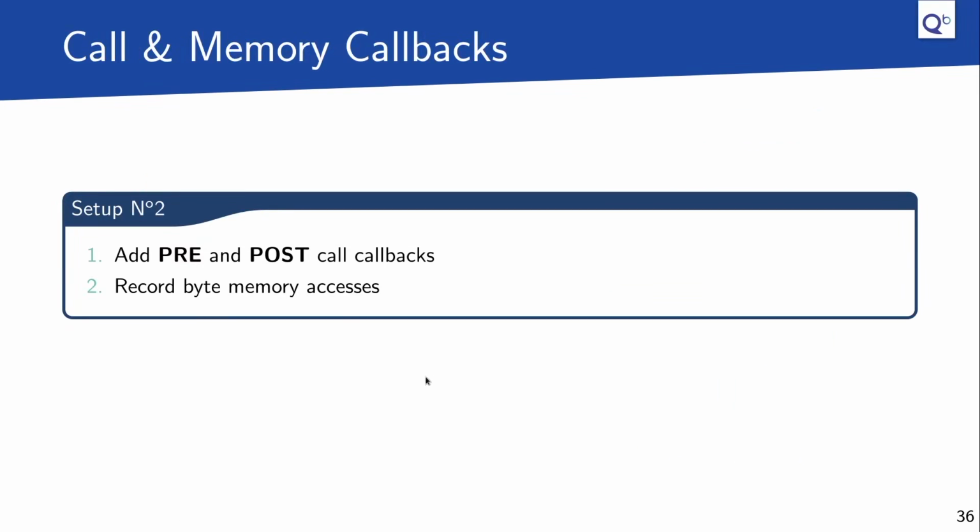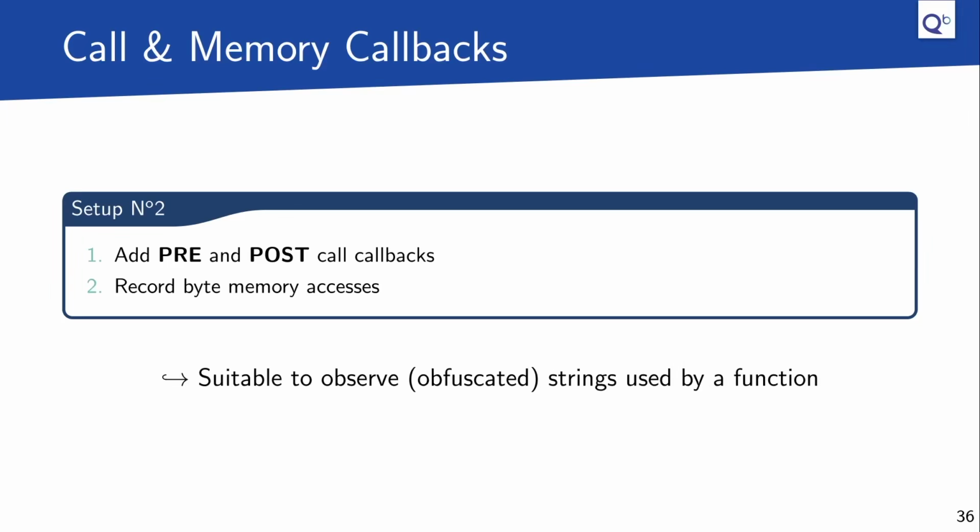Another interesting configuration is to set up pre and post call callbacks, and within the call to record only the byte memory accesses that are printable. This is quite interesting because in this configuration we can detect functions that are decoding or encoding strings.